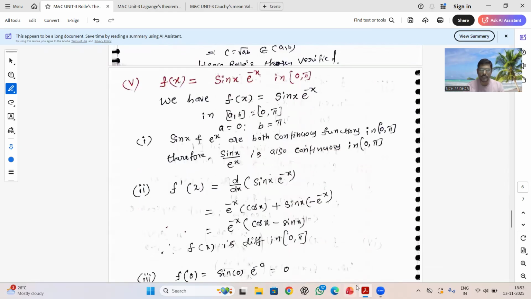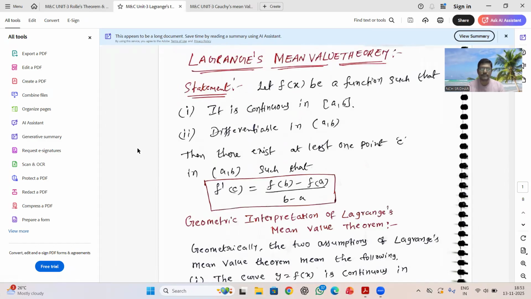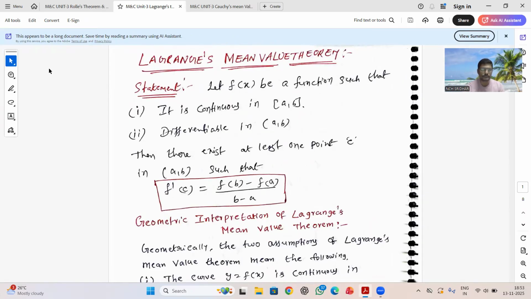So now we move to the next theorem, which is called Lagrange's mean value theorem. What does Lagrange's mean value theorem state?